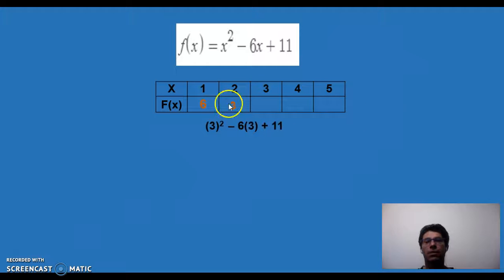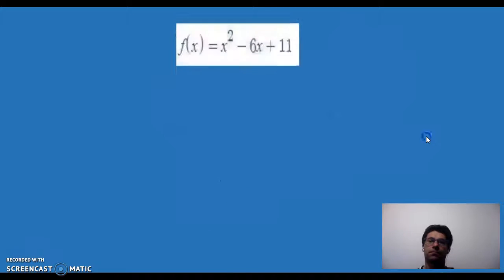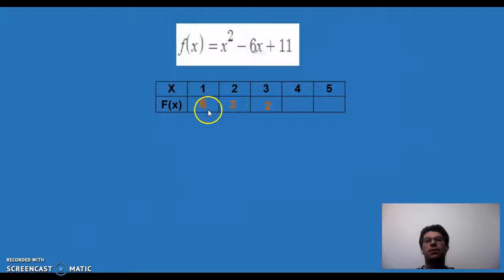What happens when x equals 3? The same process: 3 squared minus 6 times 3, plus 11. So 3 squared gives 9 minus 6 times 3, 18, plus 11, so the answer is 2. 6, 3, 2.